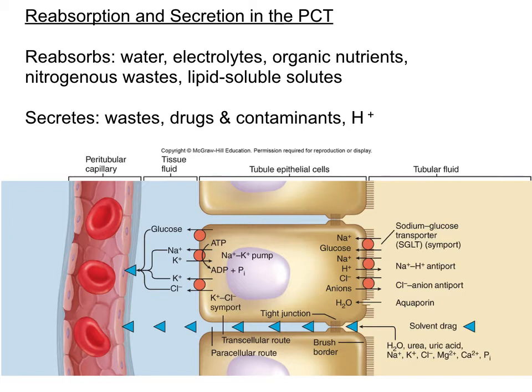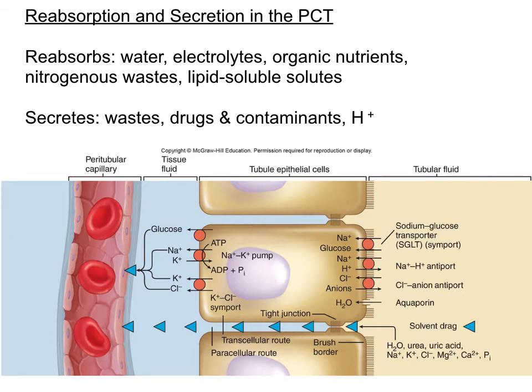You are going to secrete varying proportions of hydrogen to bicarbonate ions, which are going to help maintain your acid-base balance. You can secrete various wastes, including urea, uric acid, bile salts, ammonia, and any creatinine that might still be within the blood. And please remember, the uric acid secretion compensates for its reabsorption earlier in the PCT, and the secretion of uric acid accounts for all of the uric acid in your urine.